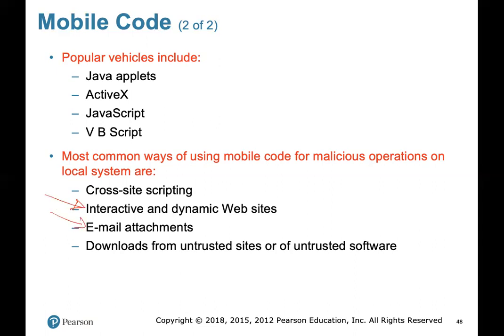Email attachments are another way that mobile code may be used, and the last way is downloads from untrusted sites, untrusted software, and unauthenticated applications, for injecting malicious code into our systems.